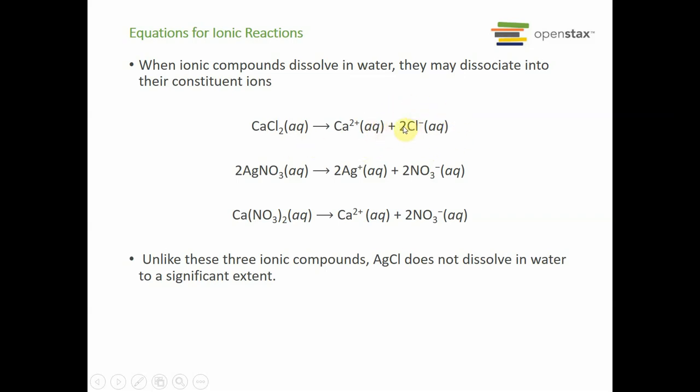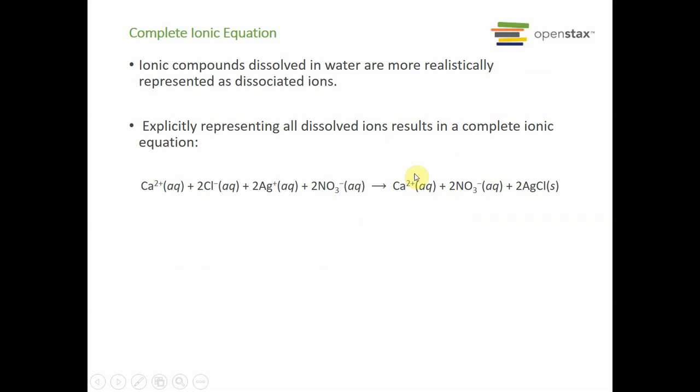And of course, the 2 is there because that's what arises from it. 2 silver nitrates, aqueous, actually means that the silver ion is aqueous and the nitrate ion is aqueous.